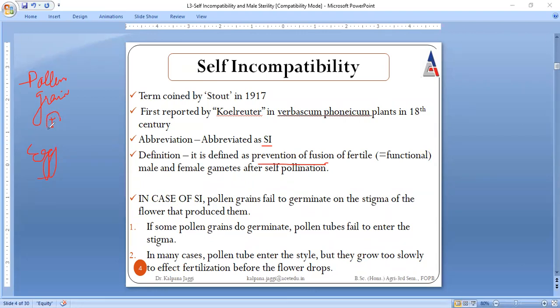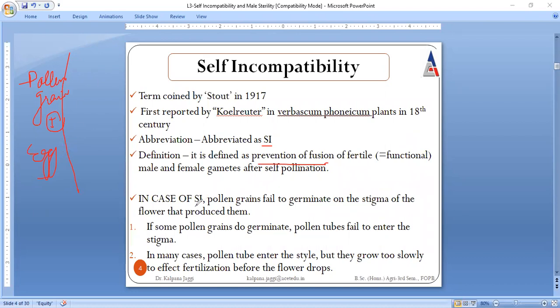This fusion is prevented within the flower. Why is this fusion prevented? This is said to be self-incompatibility. That means it is defined as the prevention of fusion: although the pollen grains and egg apparatus are near to each other, self-incompatibility is the mechanism that does not allow the pollen grains and eggs to fertilize with each other.